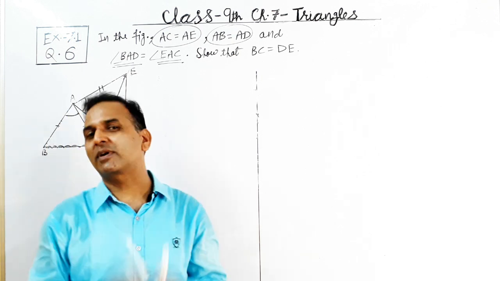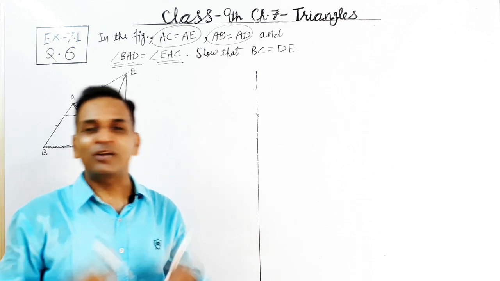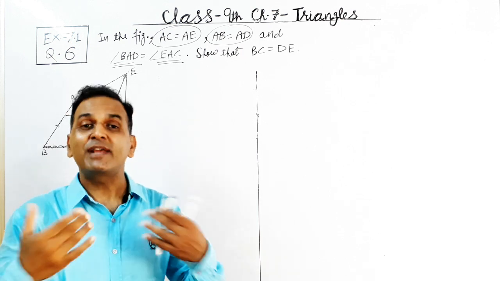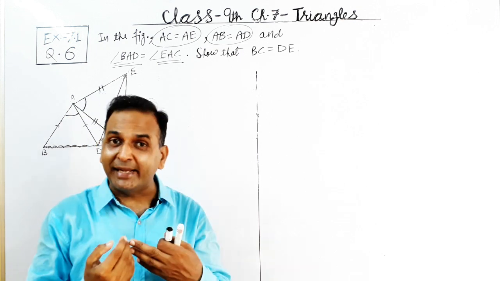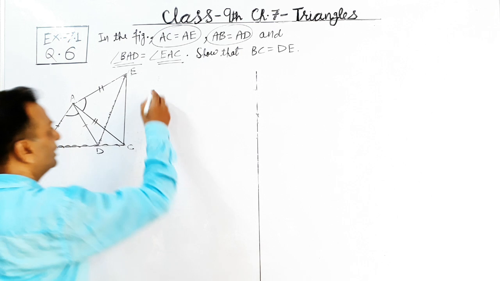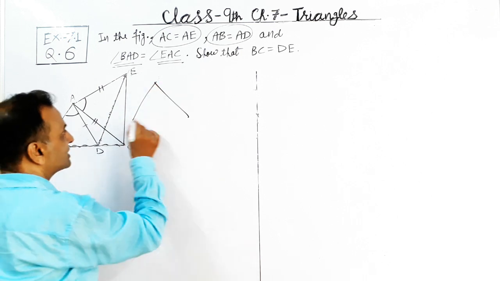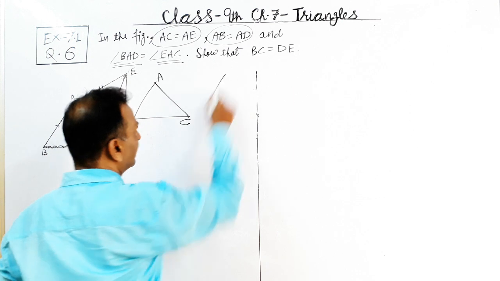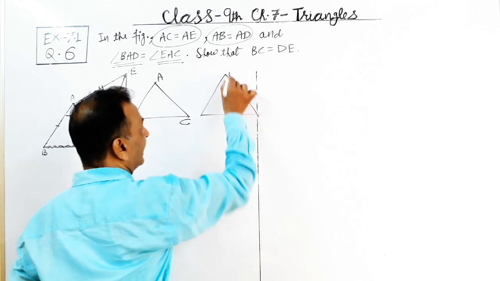Okay, so let us first draw triangle ABC and triangle ADE separately so that we can understand what we have and what we have to obtain for proving these two triangles congruent. So this is triangle ABC, suppose, and this is triangle ADE.